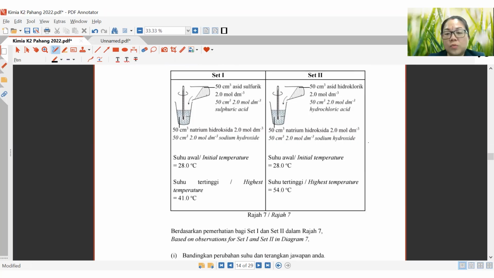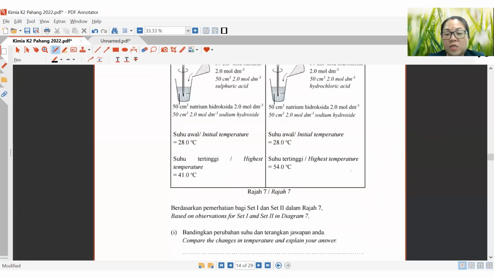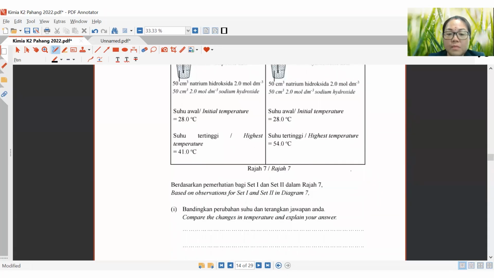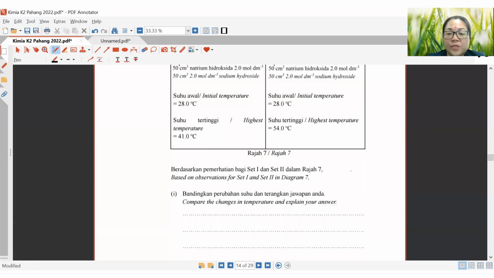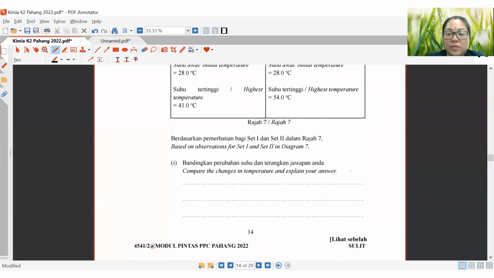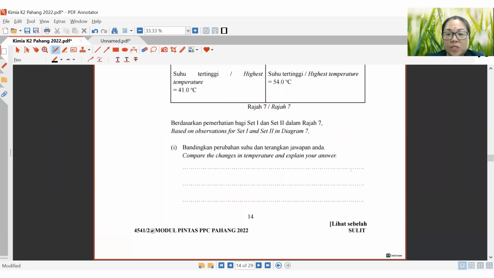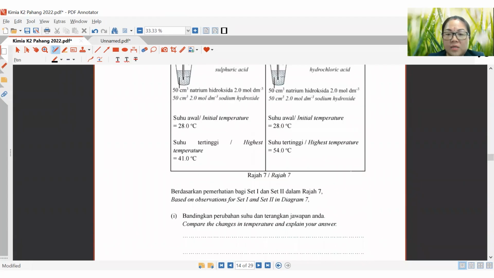Whereas for set 2, initial temperature is 28 degrees Celsius, and the highest temperature it went up to 54.0 degrees Celsius. Based on observations for set 1 and set 2 in diagram 7, 1. Compare the changes in temperature and explain your answer.